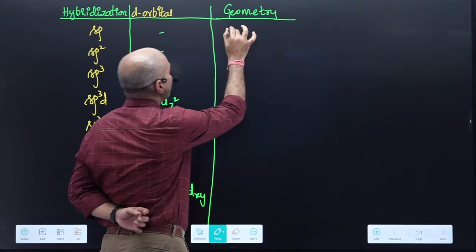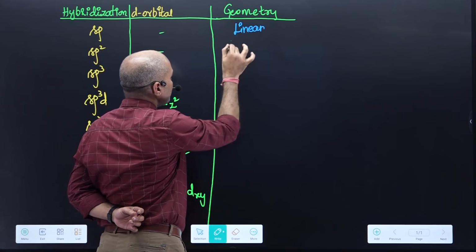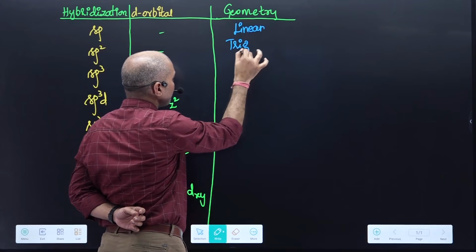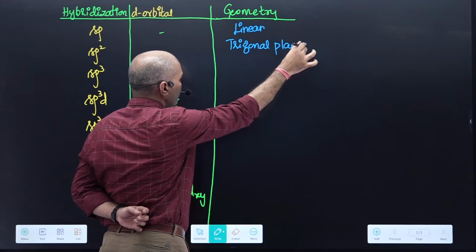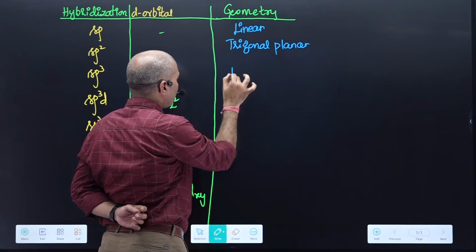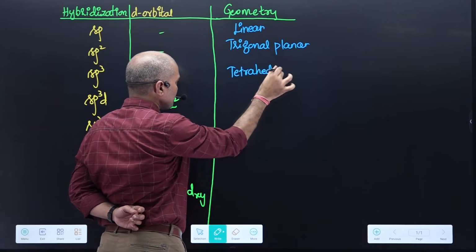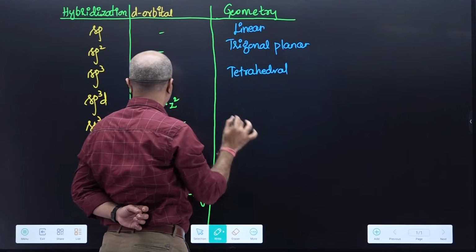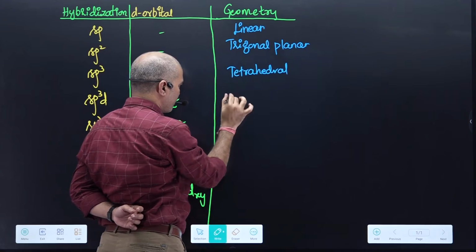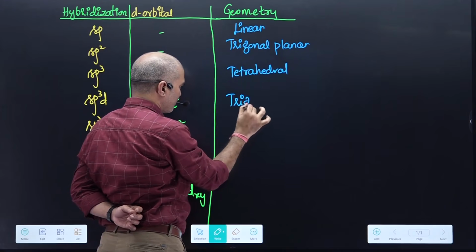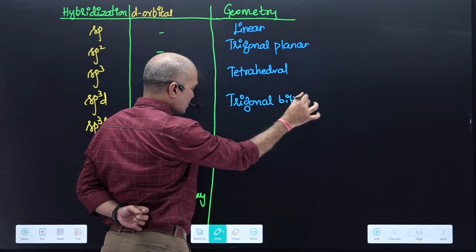For sp, the geometry will be linear, sp2 will be trigonal planar, sp3 will be tetrahedral, sp3d with dz square, this is important, it has come in exams also.